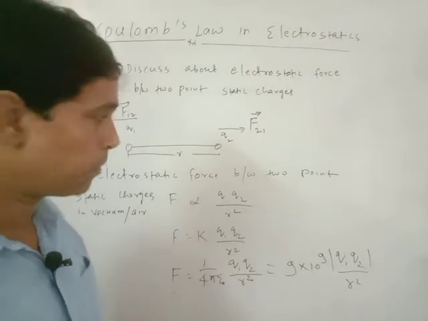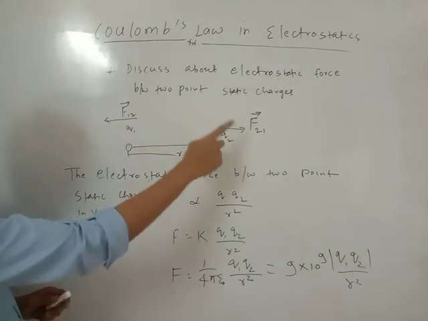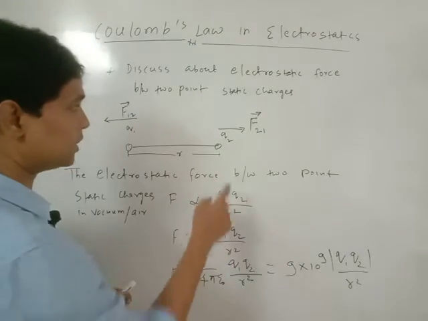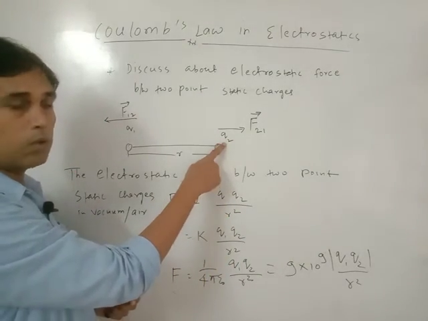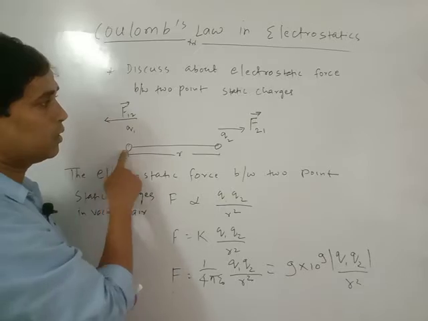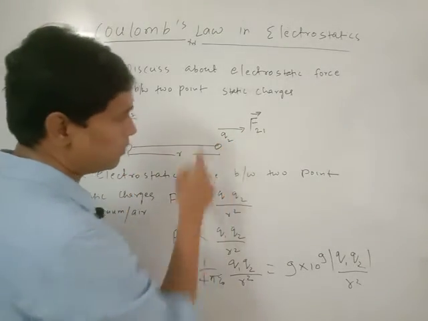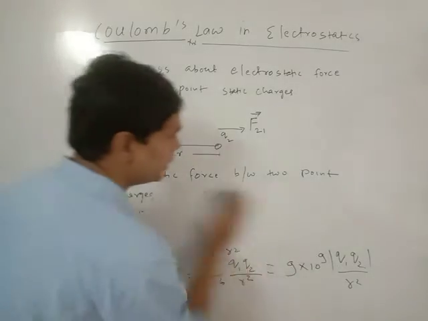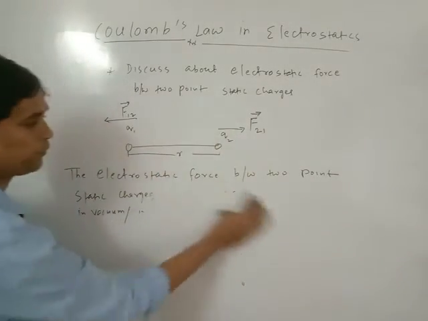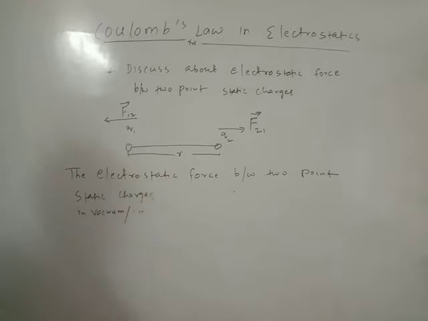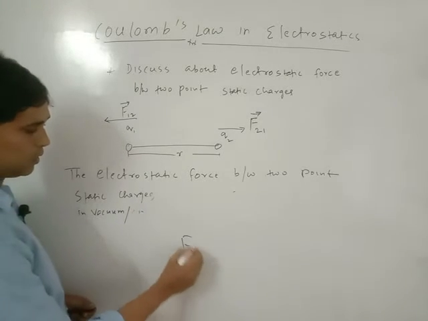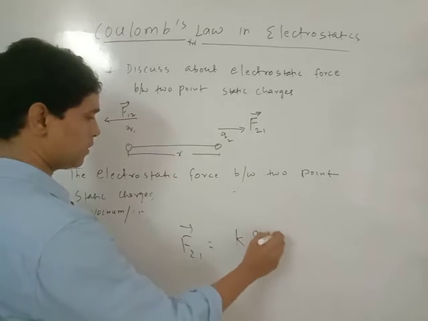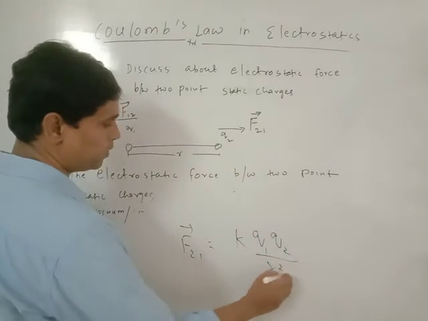Suppose F21 is the electrostatic force exerted on Q2 by Q1, then F21 is equal to K Q1 Q2 by r square.